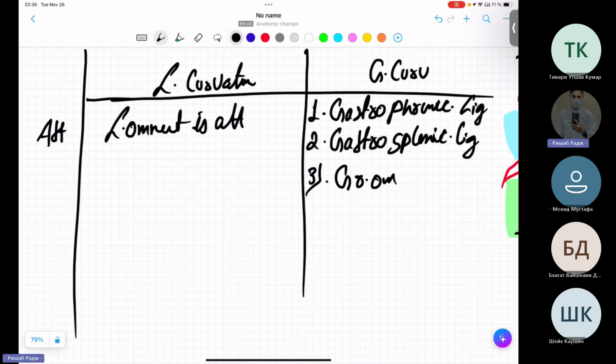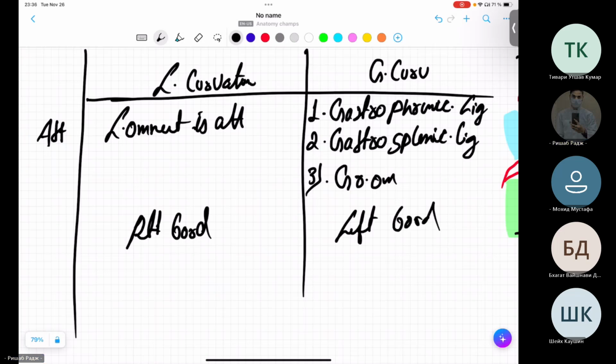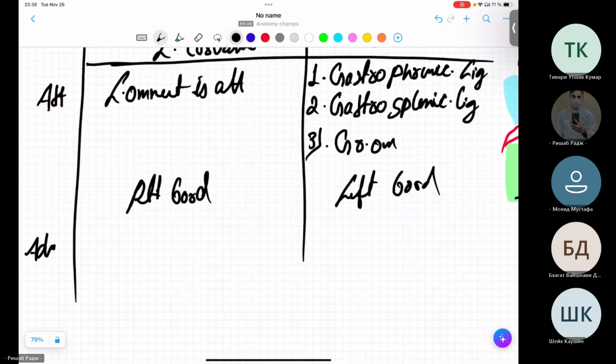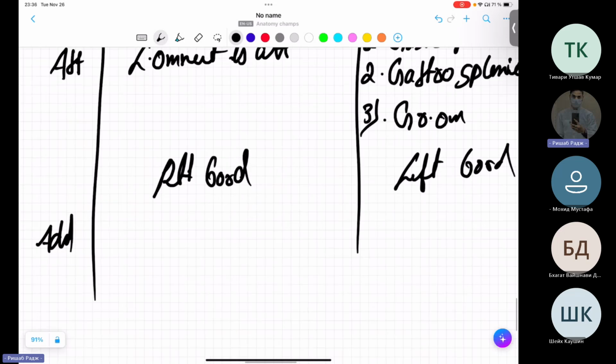Now let's talk about the borders. On which side are they present? It is present on the right border and it is present on the left border. Very simple. Anything else? Yes, we will have some additional feature for our lesser curvature.